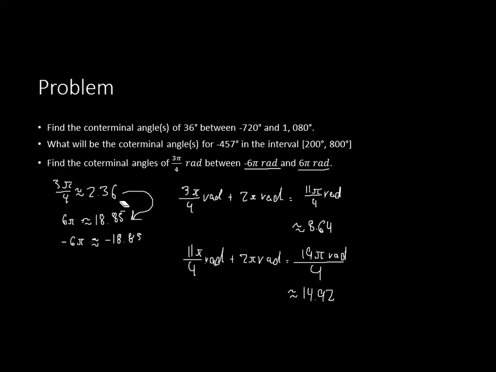So I suggest you convert these radians into degrees. Then you add and subtract the given angle by 360 degrees, after you convert the givens and the interval into degrees. Then after you get the answers, convert them back to radians. Anyways, let's now proceed.